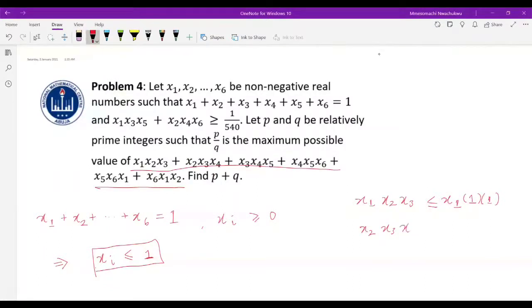So a weak bound we can get quickly is this, less than x2 times 1 times 1, and so on and so forth, up to x6 x1 x2, less than or equal to. So we can quickly get that this is less than or equal to 1.